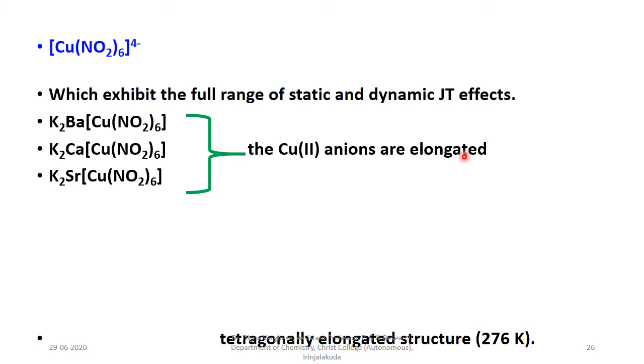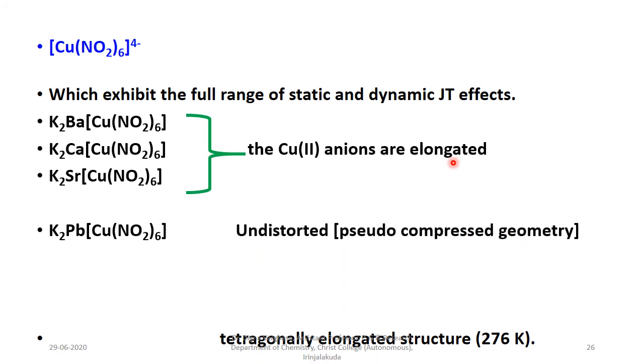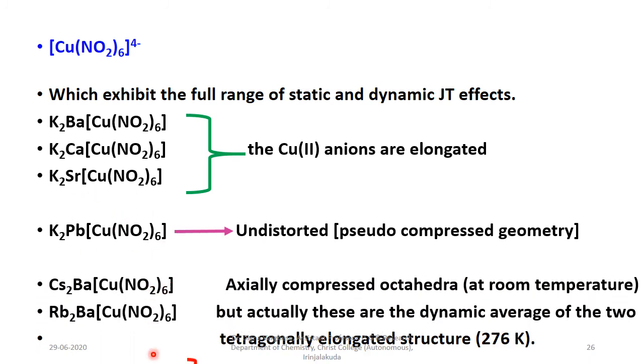In this case, the copper(II) anions are elongated. In the case of K2Pb, the copper(II) anion undergoes pseudo-compressed geometry, Z-in distortion. And in the case of the same complex, the cationic species is changed here, so the structure is also different.